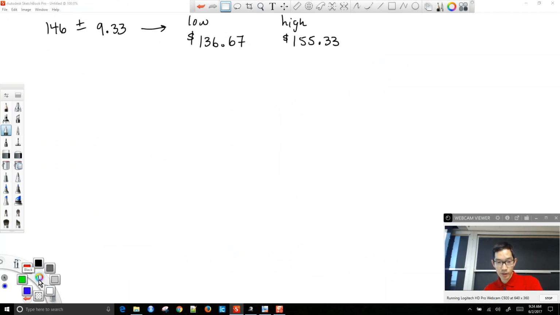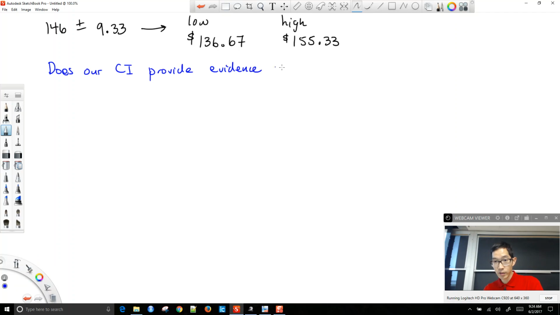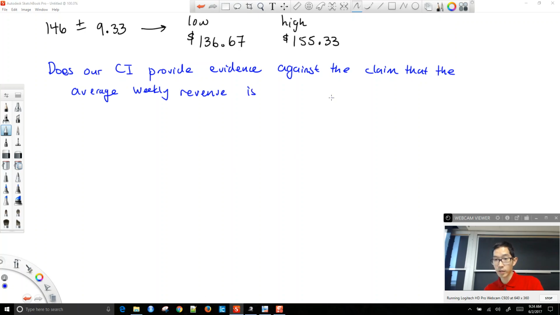So I could ask, does our confidence interval provide evidence against the claim that the average earnings or average weekly revenue is, let's see, let me get this software running.